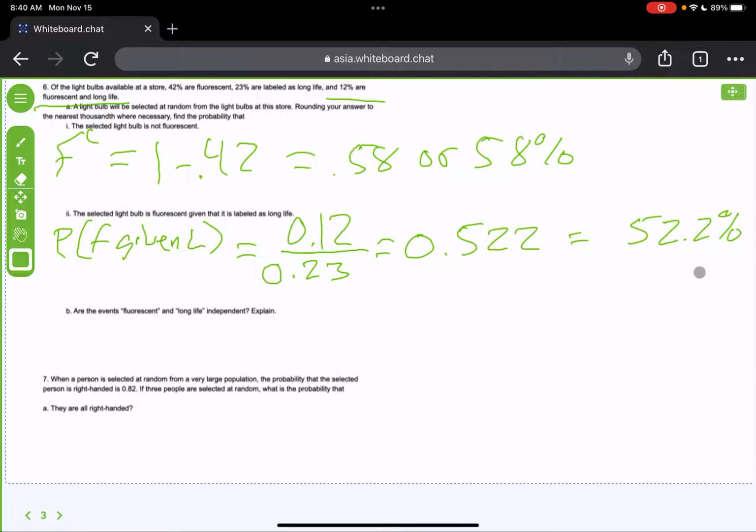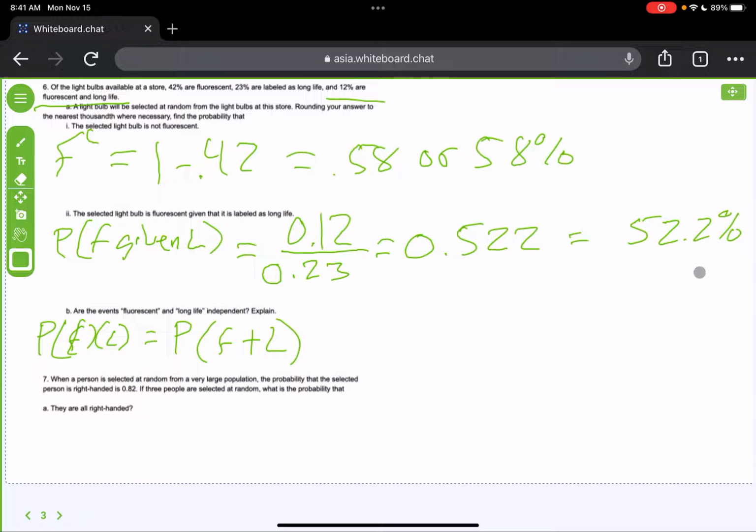Say it again. Okay. So she says the probability of F times L is equal to the probability of F and L. Is that true?